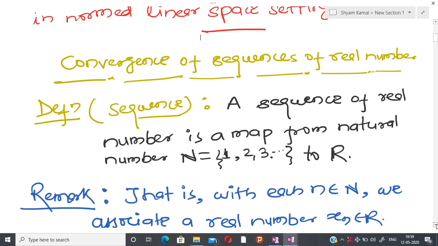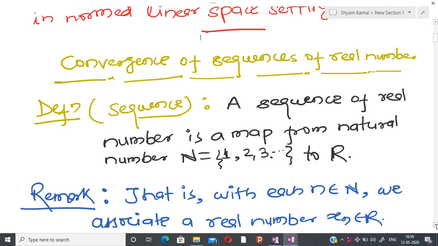So both properties are satisfied. And again, I can talk about the distance between 2 points by taking the absolute value. So if I understand the convergence in the case of real numbers, then it is possible to extend the same kind of concept to the more generalized setting, that is normed linear space.